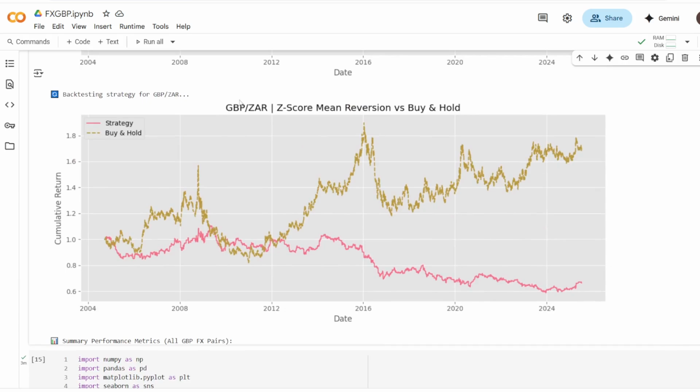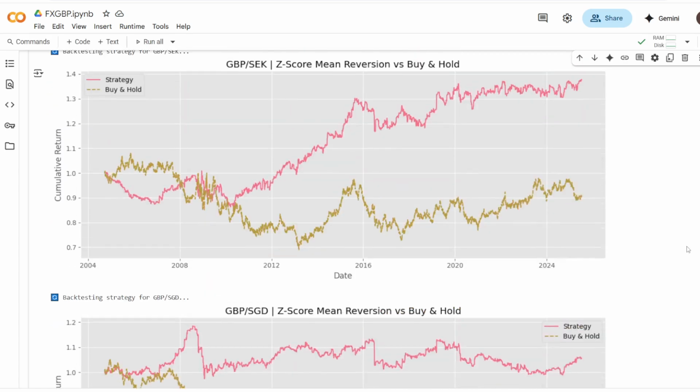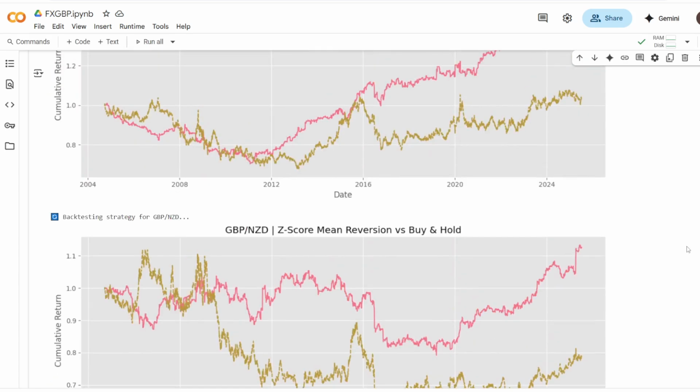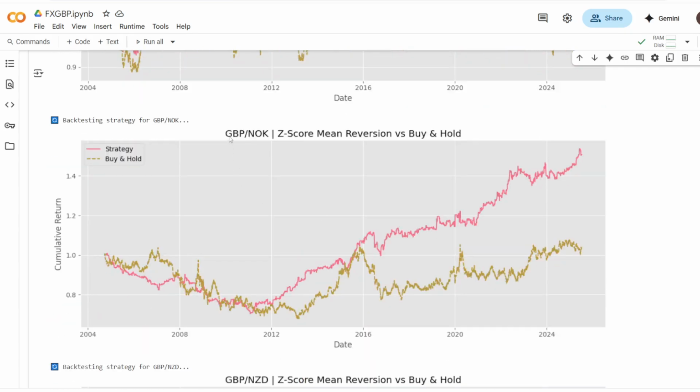We can see here pound South African rand, the buy and hold trading strategy has returned 70%.